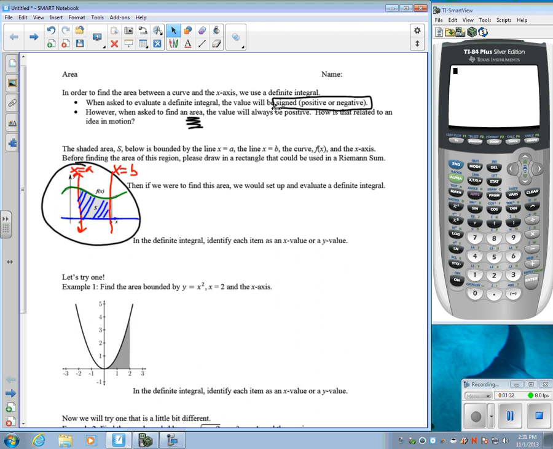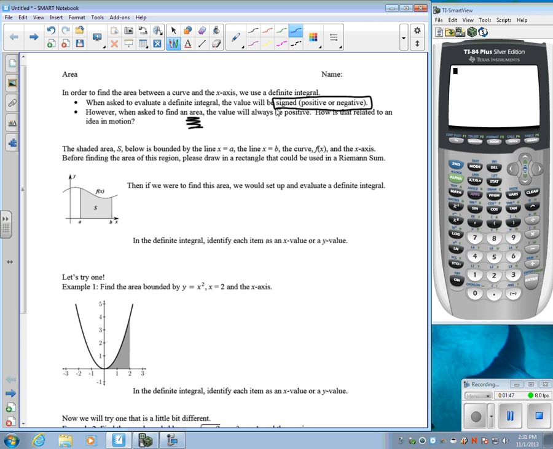Before we even start finding this area, we are going to draw a very specific rectangle in here, a rectangle that could be used as a Riemann sum. We've worked with Riemann sums before, so I'm just going to draw in a rectangle. It doesn't have to be anywhere particular, but I would like to see a rectangle. I generally shade it in so I can tell exactly where my rectangle is.